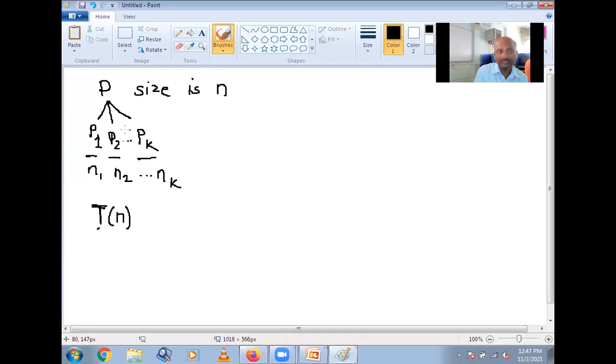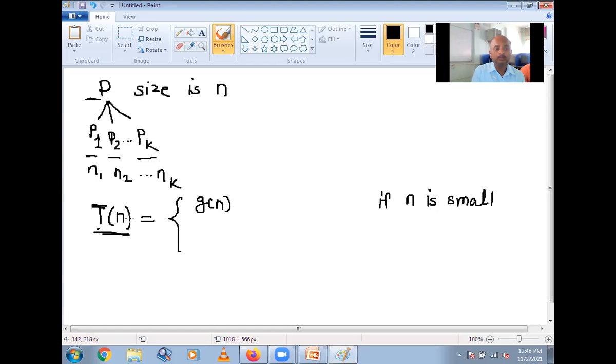The time required to solve problem P is T of n, which is equal to G of n if n is small, and if n is greater, the time required is T of n1 plus T of n2 plus T of n3 up to T of nk plus f of n.